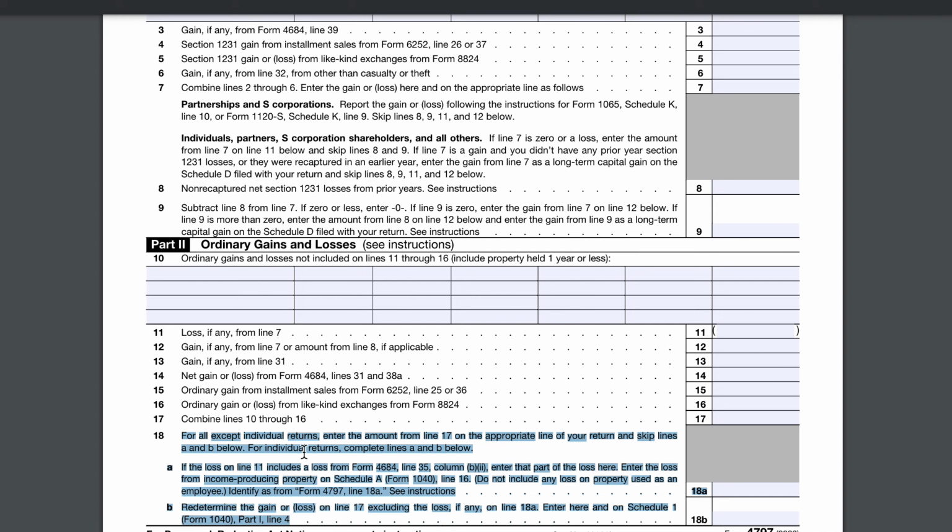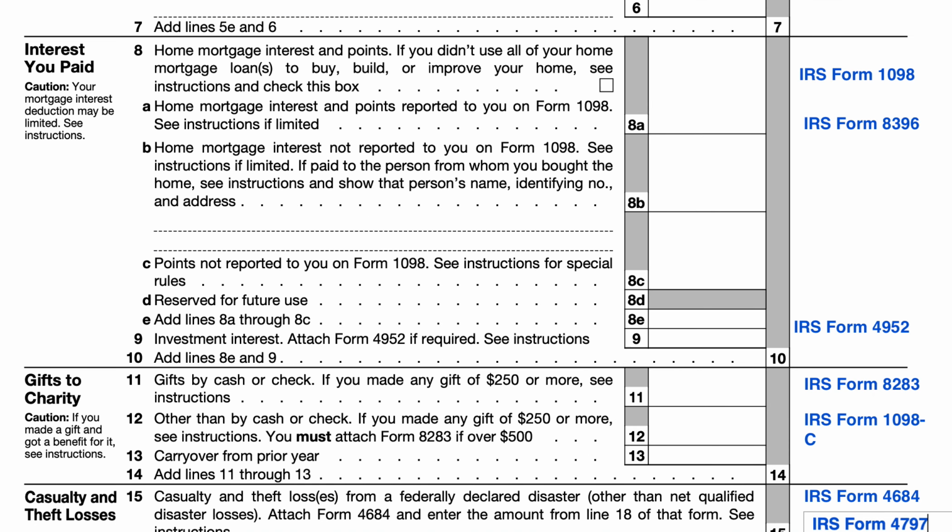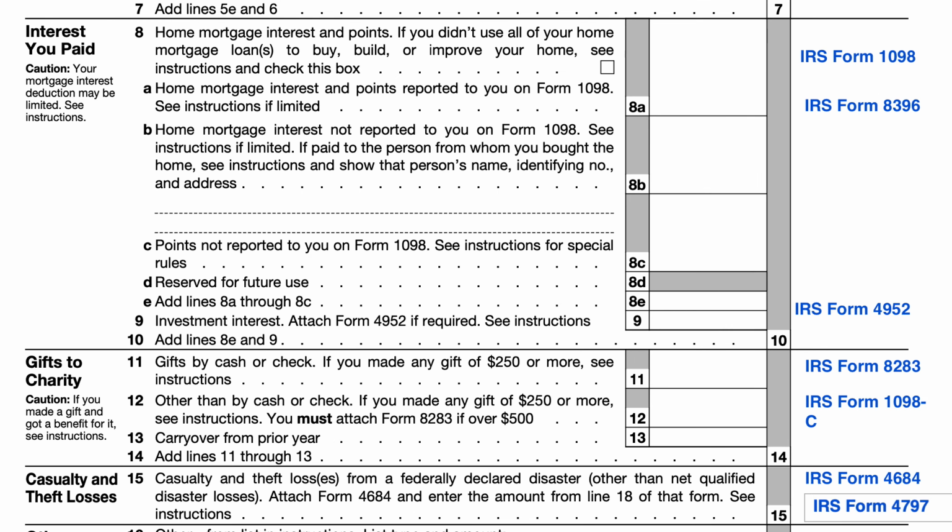Specifically, on line 18, you would be entering any losses from income producing property that you're going to report on Schedule A. You would mark that as Form 4797, line 18A, and you would put that in the line on your tax return.